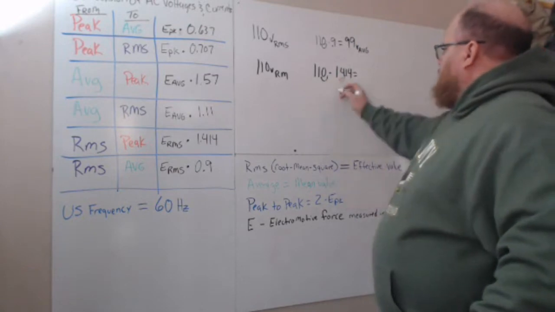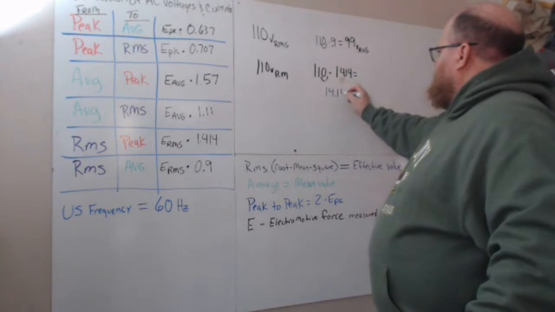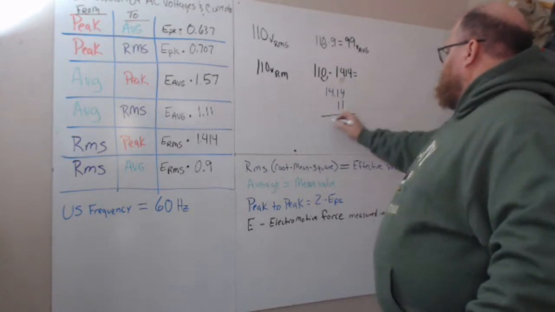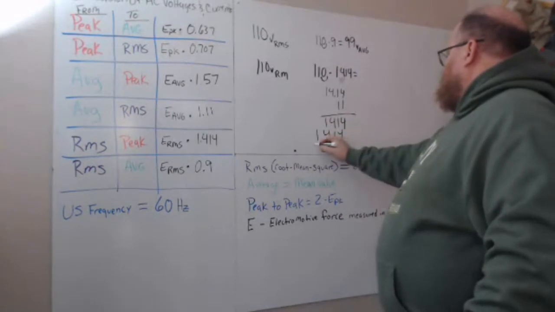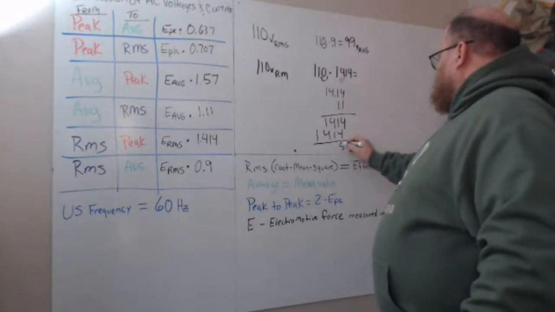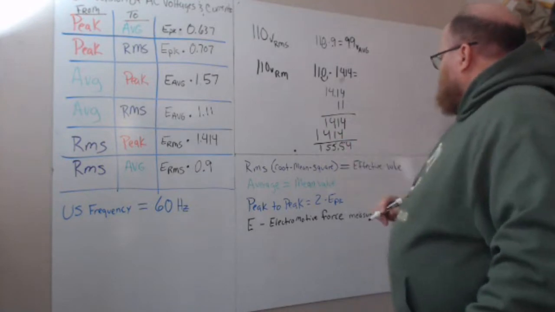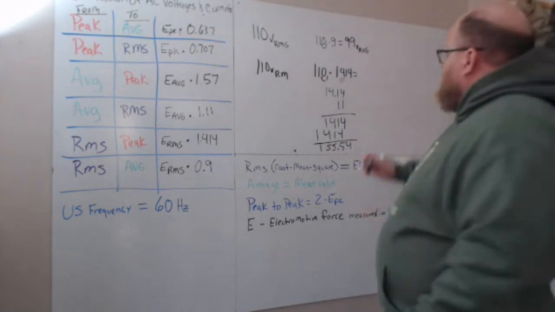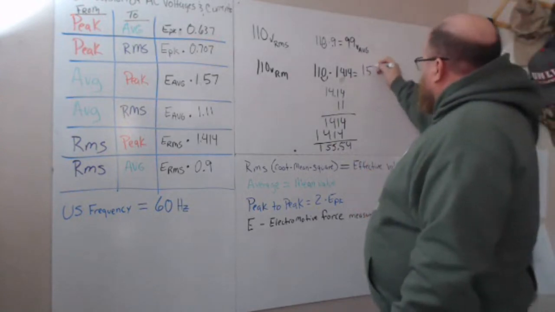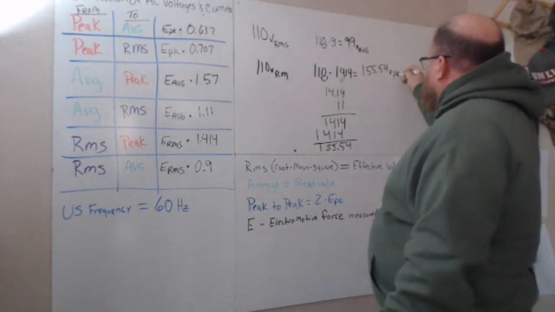It's easier for me to work with if I knock out that 0, times 11. Now, somebody make sure you check my math. Henry, that's your job. 155.54 volts peak.